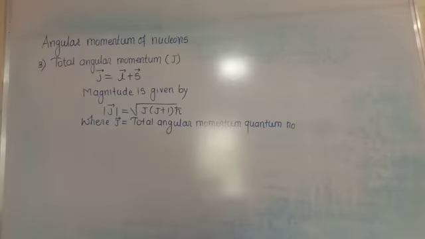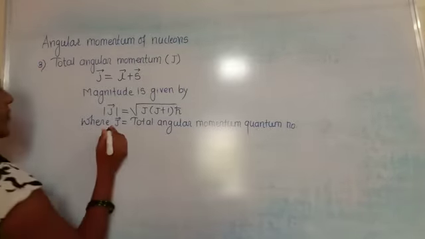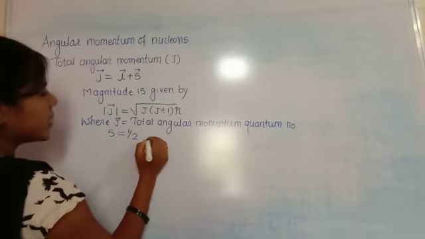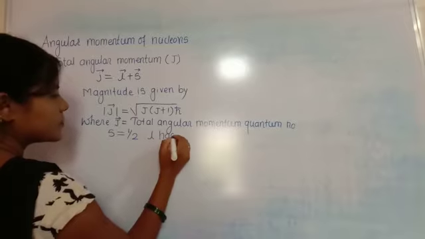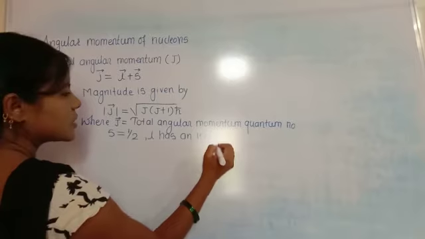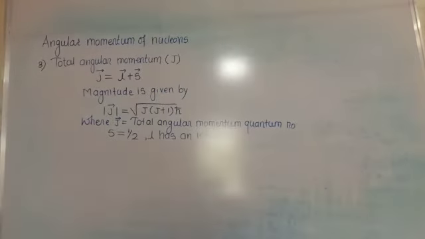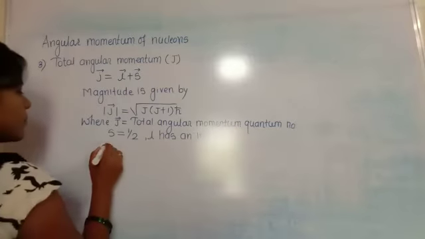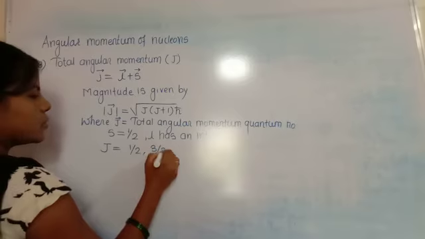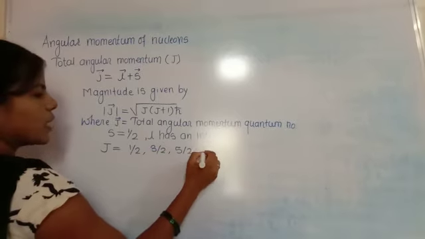So for both the proton and neutron, which are fermions, S is equal to 1 by 2 and L is any integer. Then j can take the values 1 by 2, 3 by 2, 5 by 2 and so on.